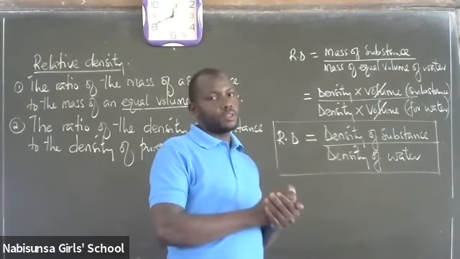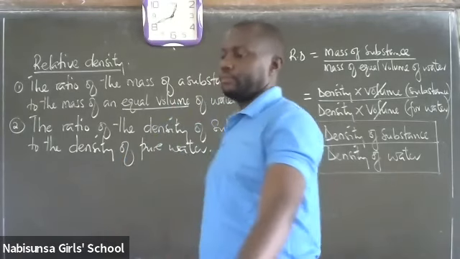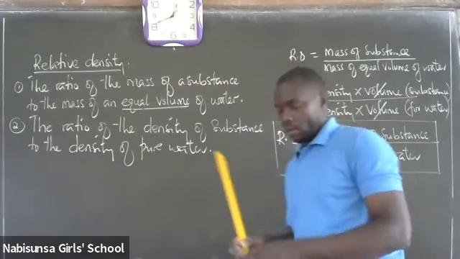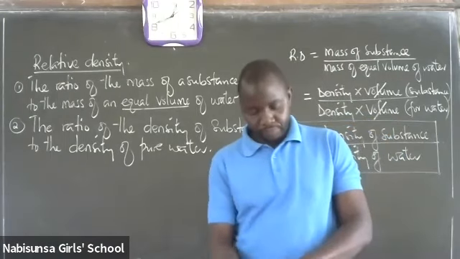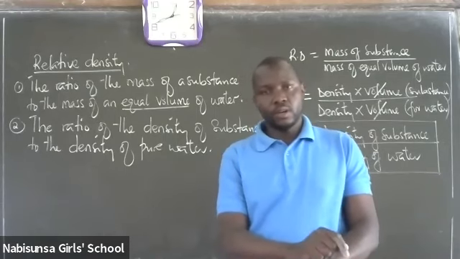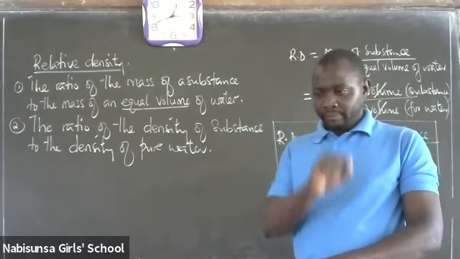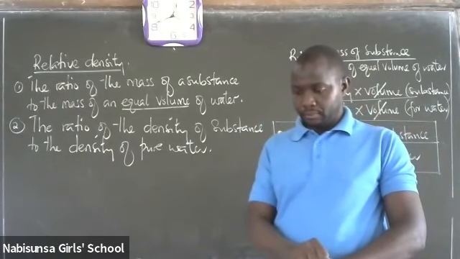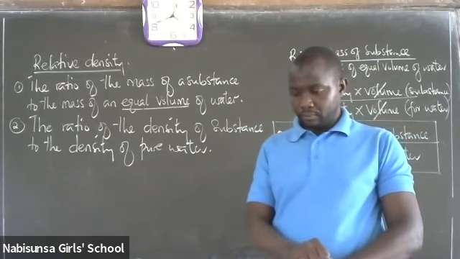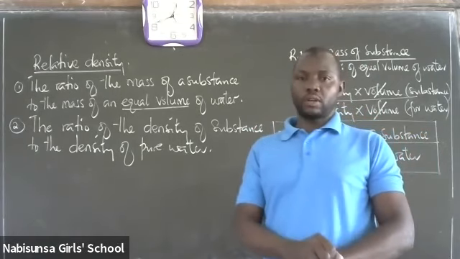Teacher, about the statements you have been saying, if the substance is less dense than water, its relative density is less than 1. Can we say that if the density is less than the density of water, its relative density is less than 1? Is that also correct? It is also correct.